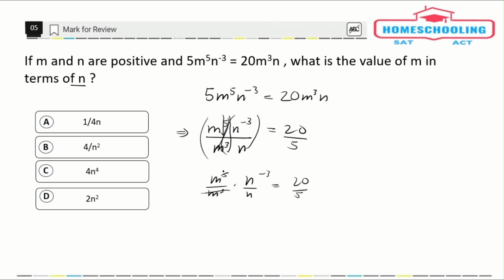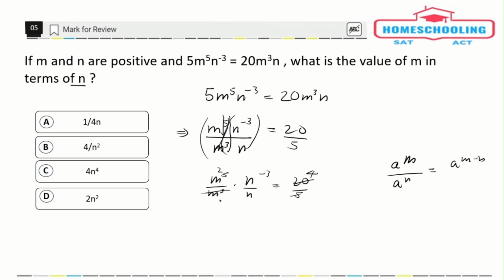So we can cancel this, and this would be m square, and this will be 4, because we are using this formula which says that a to the power m divided by a to the power n is equal to a to the power m minus n.